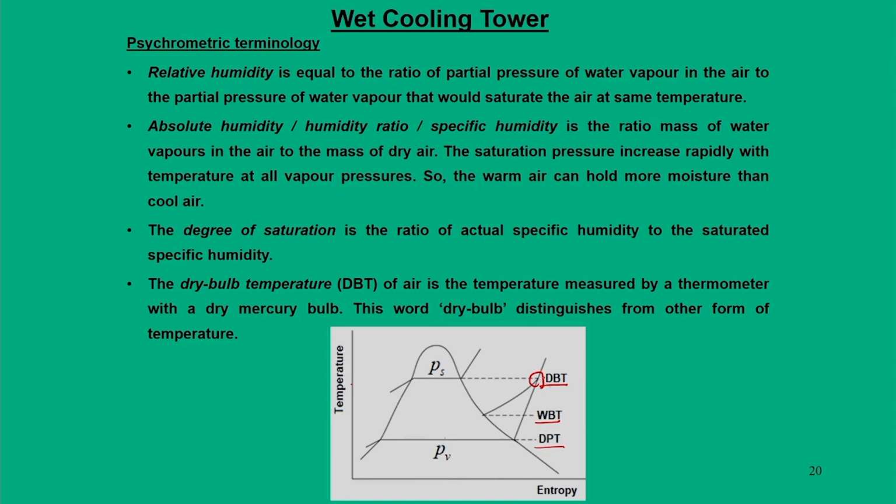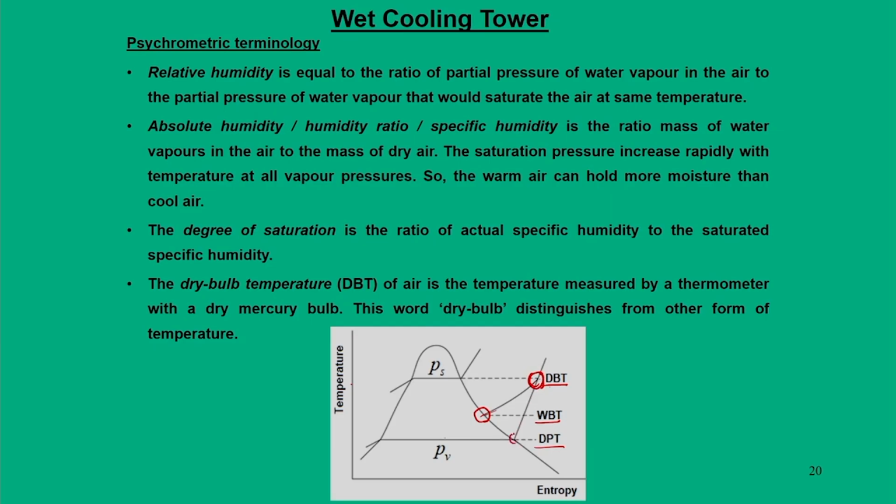So the temperature recorded by the thermometer would be less than this dry bulb temperature. Essentially, we are going along a particular constant pressure line and we are reaching one location which will be at the WBT.